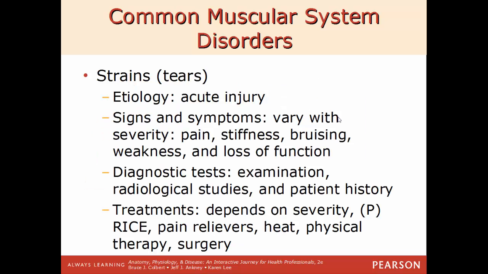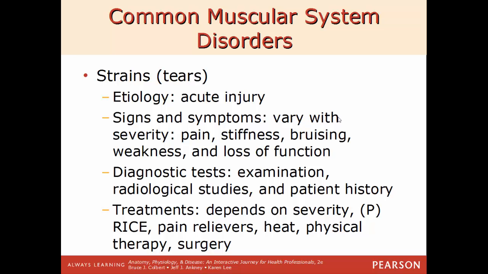All right, now we'll summarize some common muscular system disorders. Strains or tears. Etiology: acute injury, such as a sport injury. Some signs of a strain will vary in severity. It could be bruising, it could be stiffness, it could be a total loss of function.